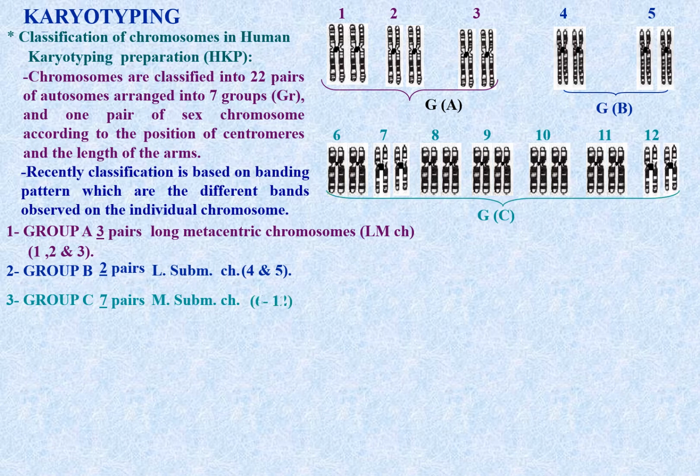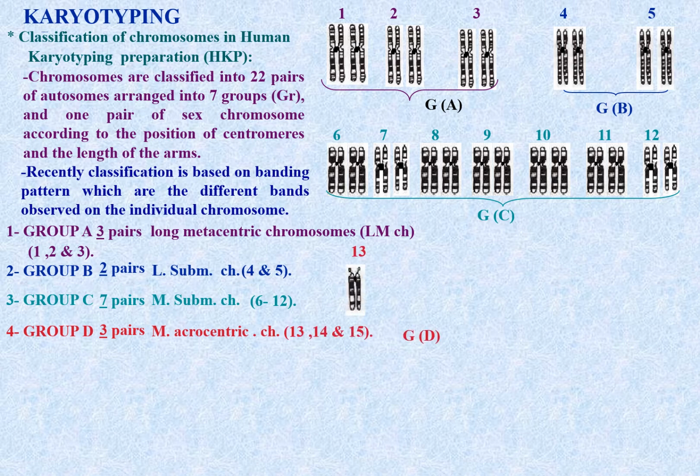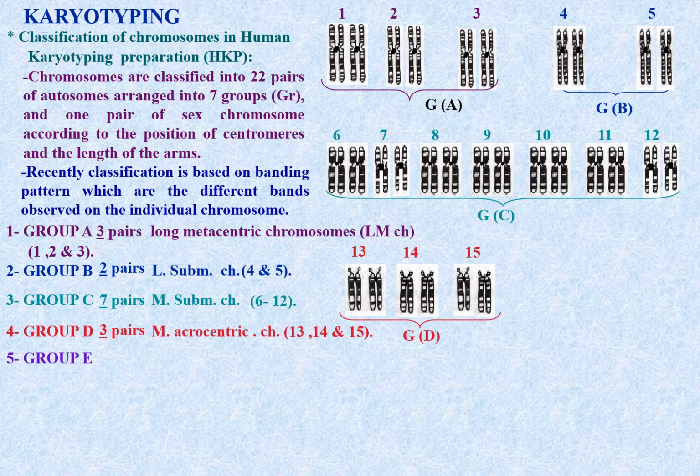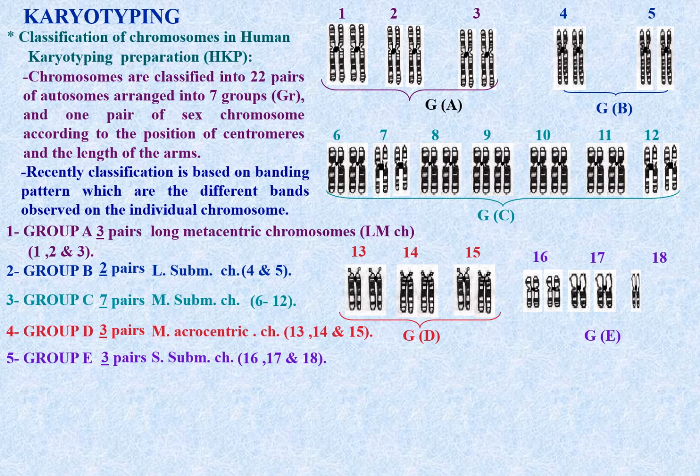Group D includes 3 pairs of medium-sized acrocentric chromosomes, chromosomes of pair 13, 14, and 15. Group E includes 3 pairs of short submetacentric chromosomes, chromosomes of pair 16, 17, and 18.